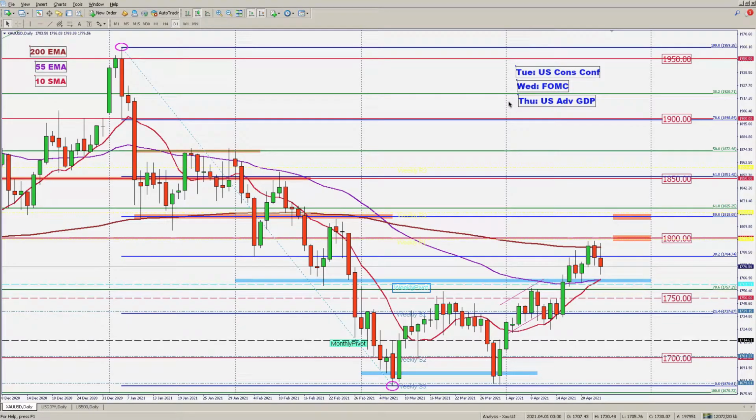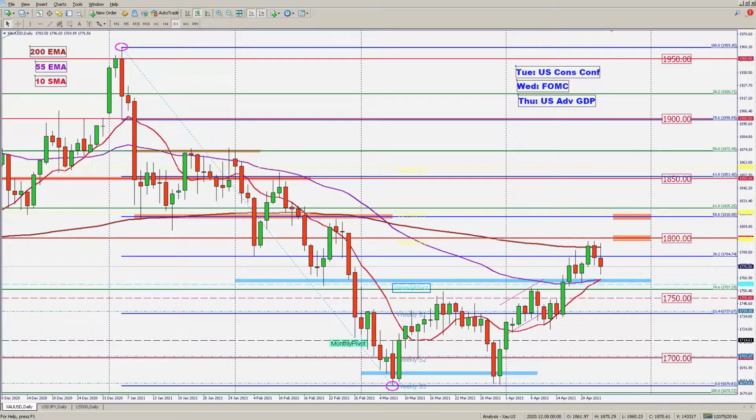So this coming Wednesday, there's an FOMC meeting, so that is going to be a key trigger for the US dollar index, and that will determine how the spot gold and other major pairs react as well, in the inverse correlation.